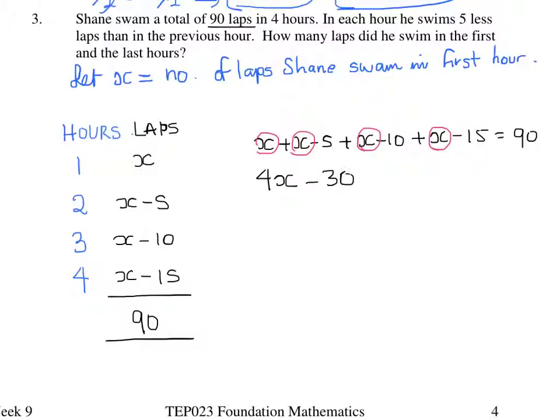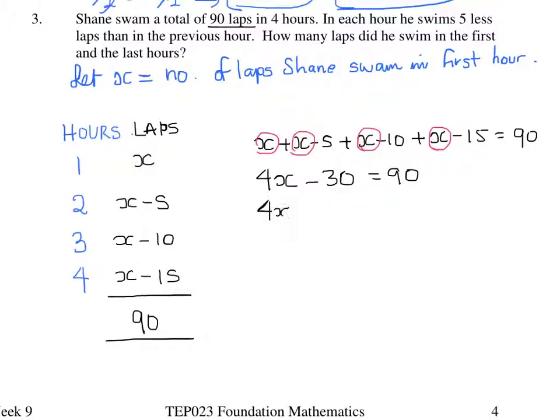So 4x minus 30 on the left-hand side, and on the right-hand side is 90. So now we can solve for x, and remember that x is the number of laps that Shane swam in the first hour.